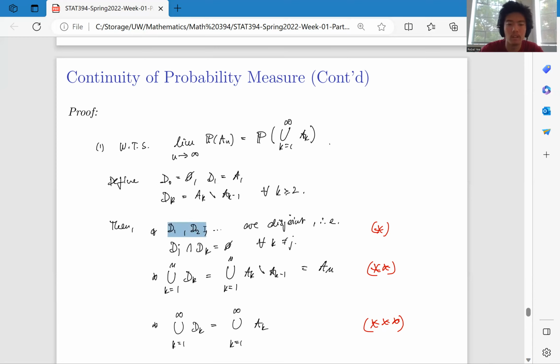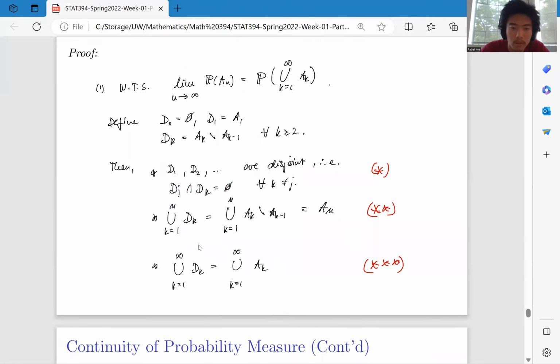We just prove those are disjoint, and because they are disjoint, the intersection is equal to the empty set, and as a result, the union of the D is equal to the union of Ak minus A(k-1), and this set is equal to A-infinity. You may read this as a U, but that is a German way to write N, which I also learned from Professor Giersen before.